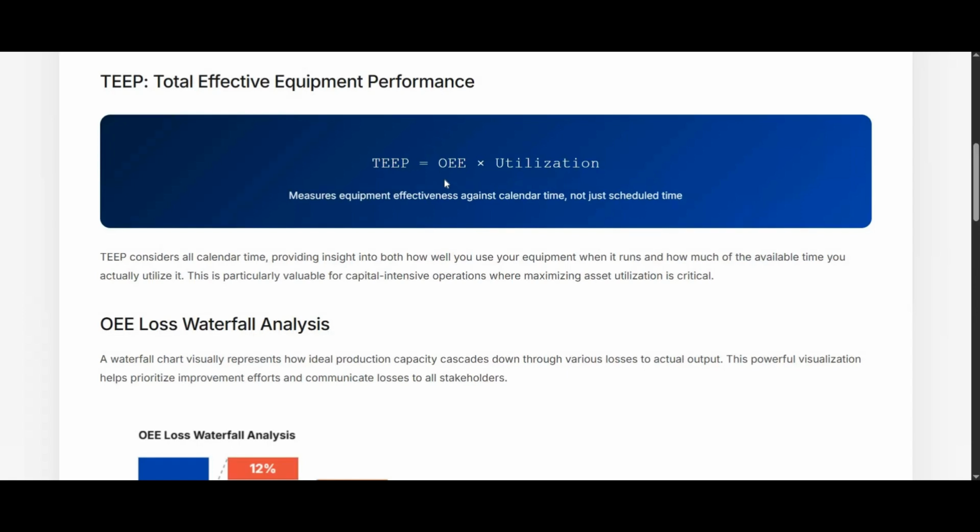In other words, it tells you how well you are using your equipment when you factor in all available hours in a week or month. This metric is especially important for capital-intensive operations like semiconductor fabs or refineries, where maximizing utilization directly affects profitability.